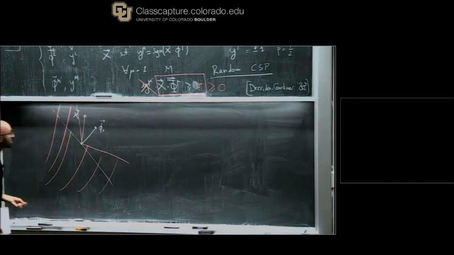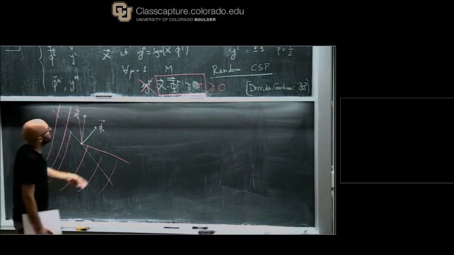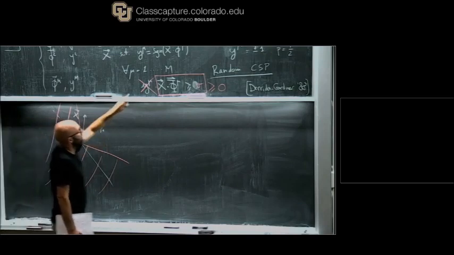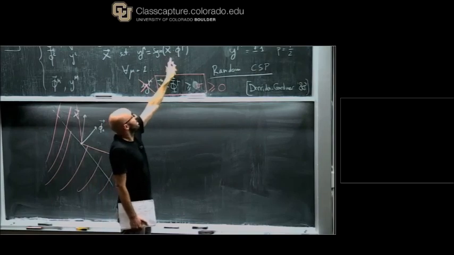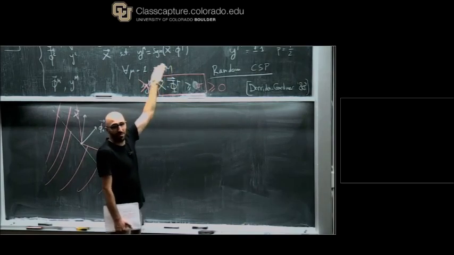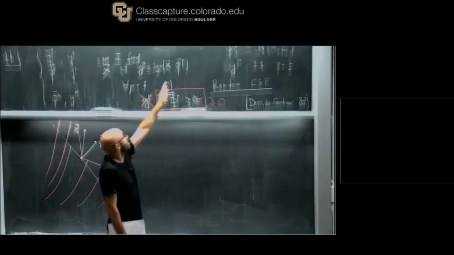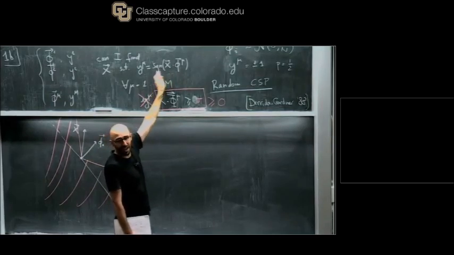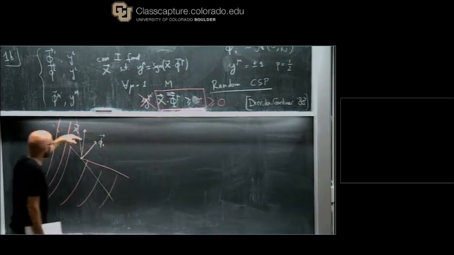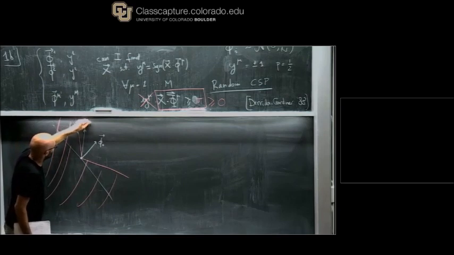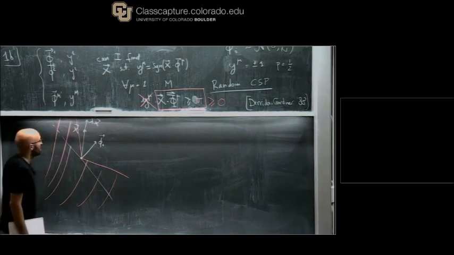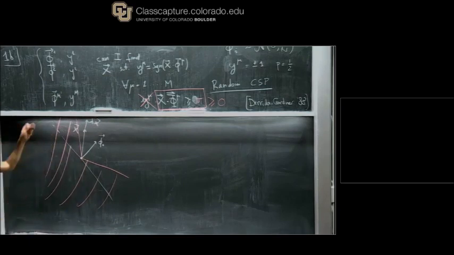Now, there are two things, however. The first thing is that in the original problem, if I multiply x by some arbitrary number, this is still a solution because I'm taking the sign. So this means that if x is a solution, also lambda x is going to be a solution. And this means that basically the space of the possible solutions is always infinite.